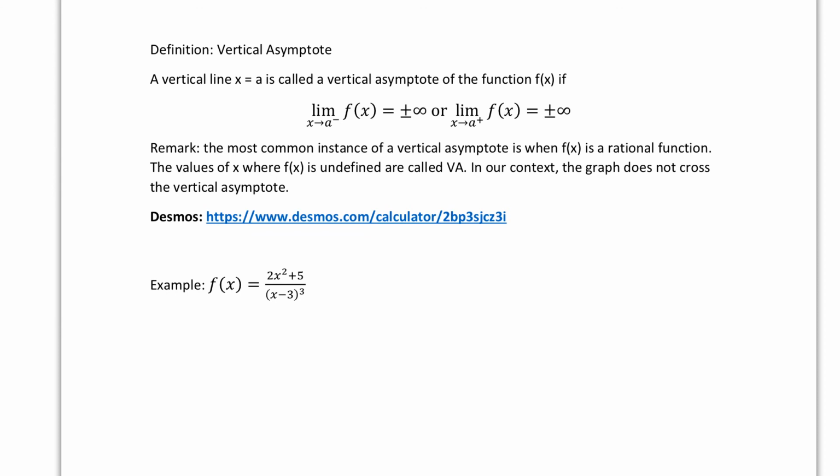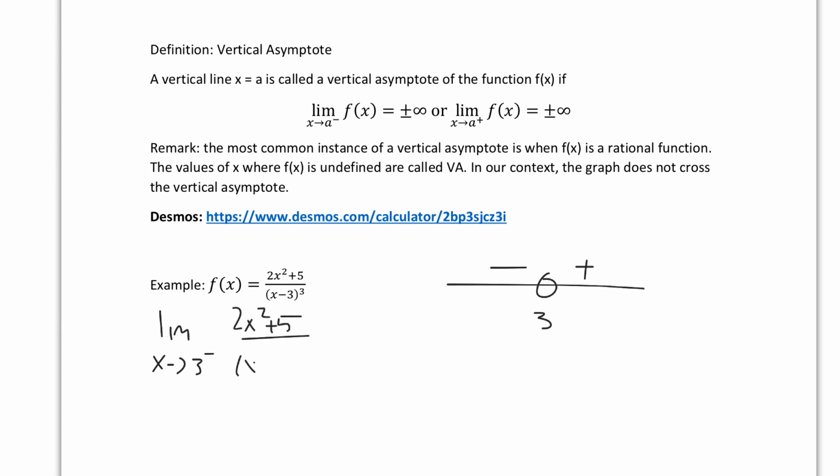Now back to the example here, let's look at this function and see if we can find the vertical asymptotes. I think it happens probably at x equals 3. That's where the function is undefined. So I'll draw my sign diagram for 3, positive, negative. I'll do the limit as x approaches 3 from the left of 2x squared plus 5 over x minus 3 cubed. And because I'm going from the left, that's going to give me negative infinity.